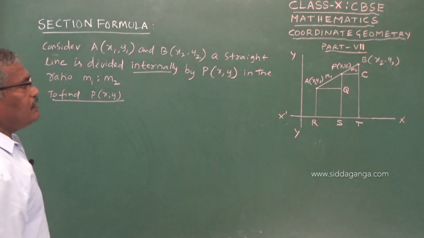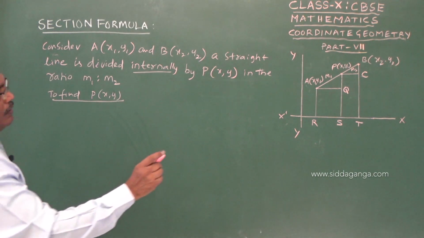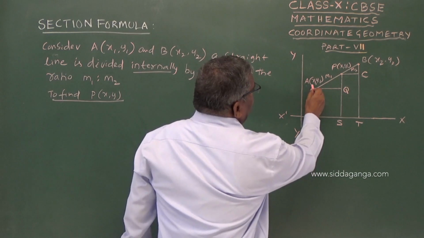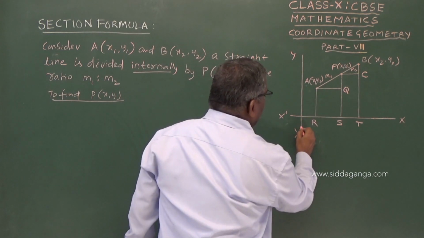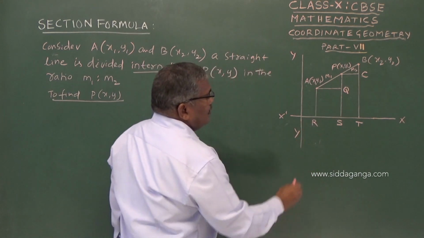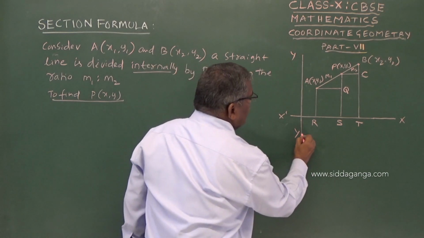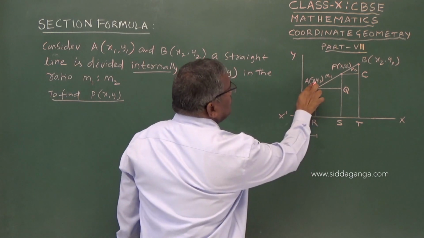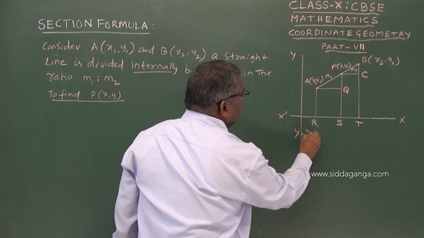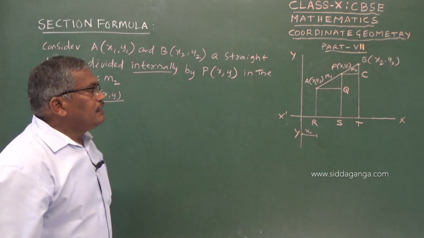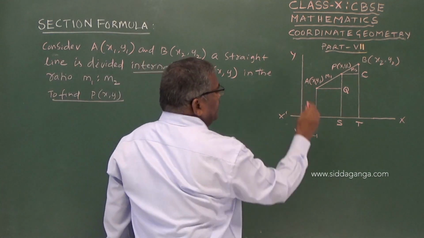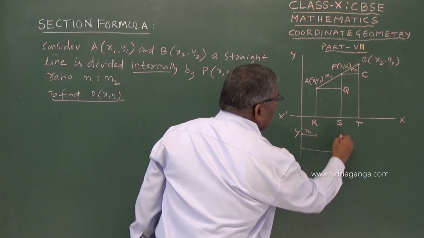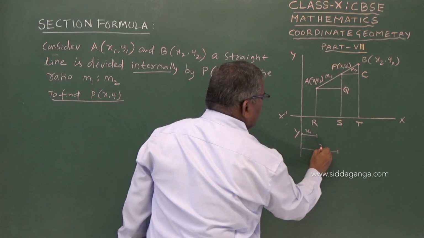Now, what we have to do is, see, in the figure you observe carefully this distance from here to here. This is the x1 value, that is the abscissa of point A, and this distance is the x value.